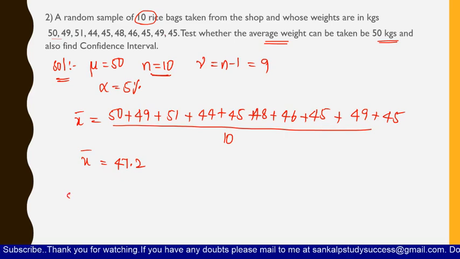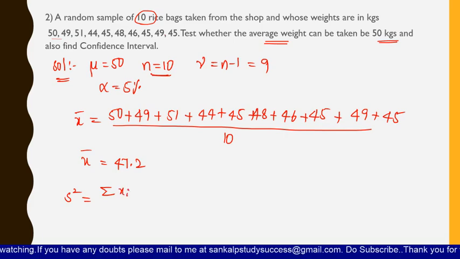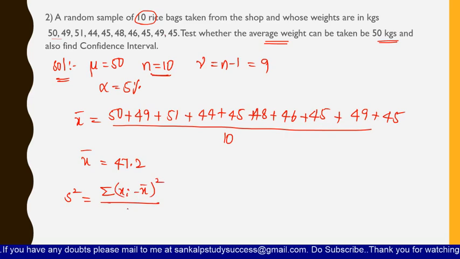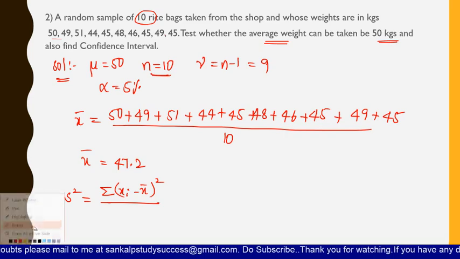Now we also have to find out the s value. The s value is nothing but the square root of the variance. So we are going to find out s square, then we will find out s. What is s square? It is the summation of xi minus x bar whole square divided by n minus 1, that is 10 minus 1, which is 9.